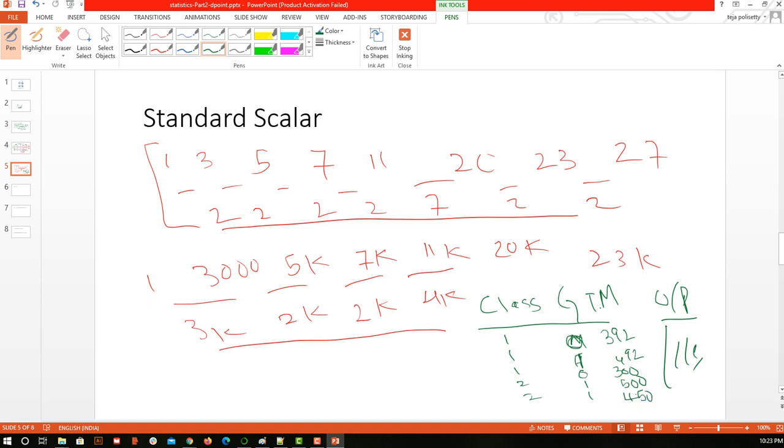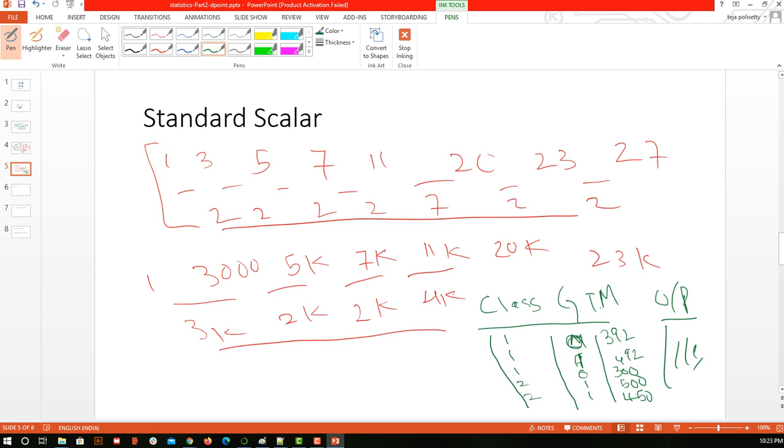You see, classes are on a different scale, gender is on a different scale, and total marks is on a completely different dimension. The difference between classes is a single digit, and the difference between gender is also a single digit, but the difference between total marks is very high.